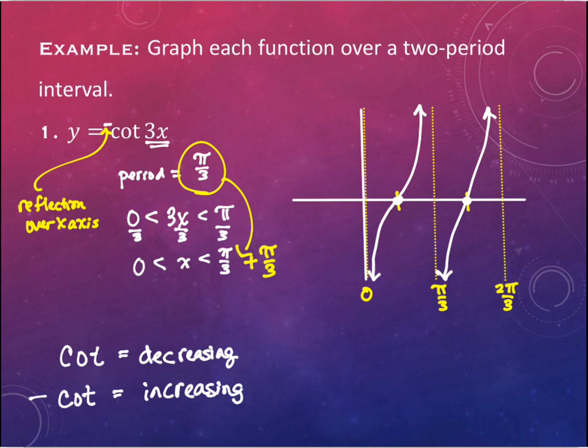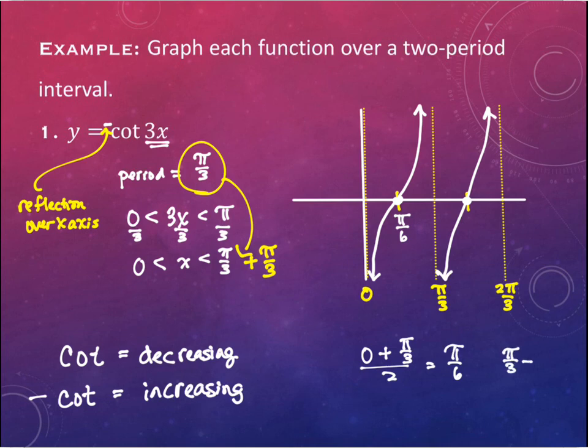Okay, so what is halfway in between 0 and pi over 3? It is pi over 6. How do you find that? Well, generally, you add the 2 numbers together and divide by 2. It's very nice because one of them is 0, so 0 plus pi over 3, divided by 2, gives you pi over 6. I need to find one more, though: halfway between pi over 3 and 2 pi over 3.